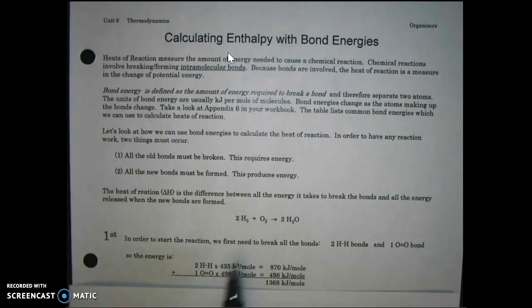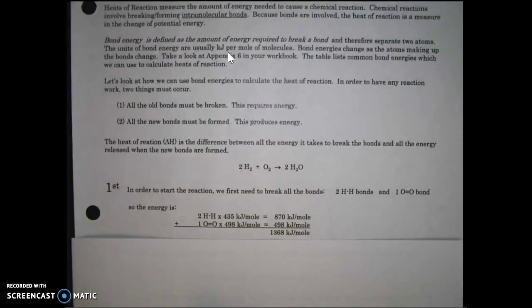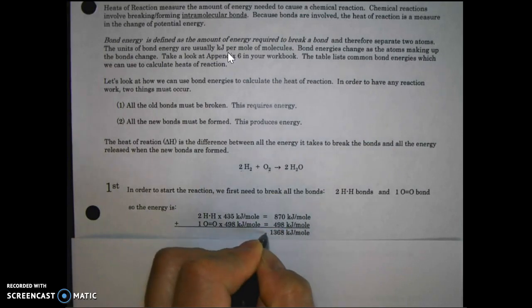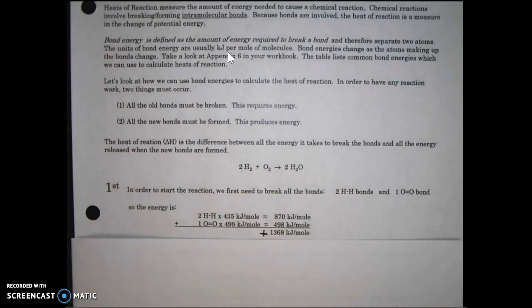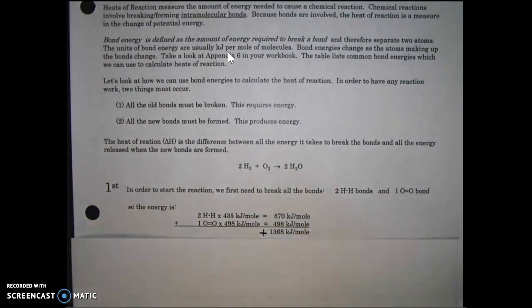Then I'm going to have to add just 1 mole worth of energy to break the oxygen double bond, so that's another 498. So the total amount of energy that has to go into the system to break the bonds, so this is a positive energy. This is how much energy you have to add to the system to break the bonds.